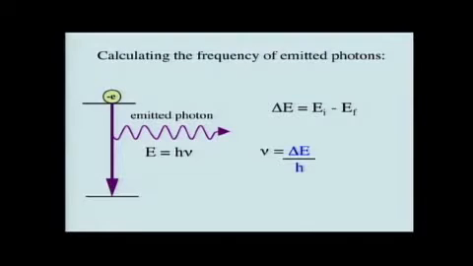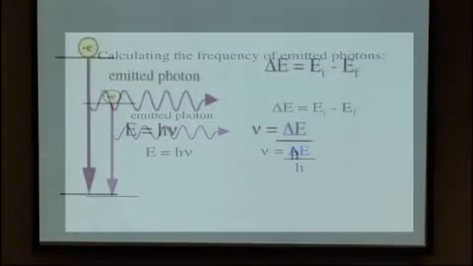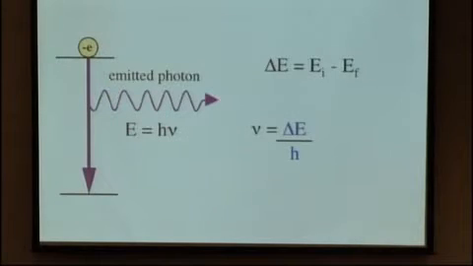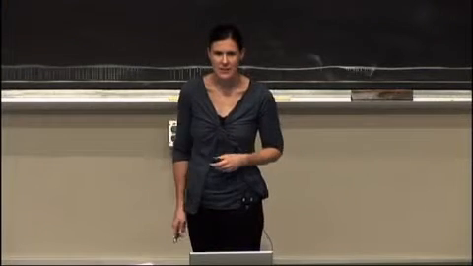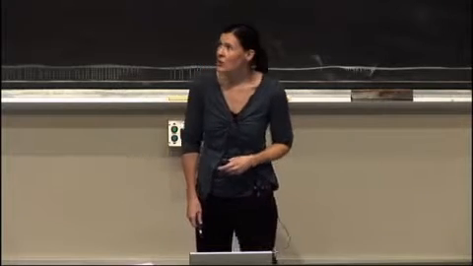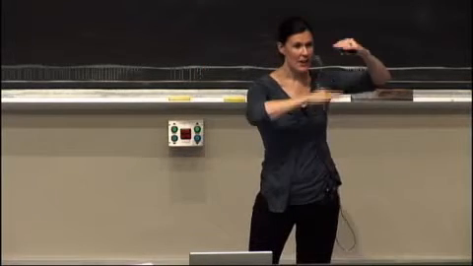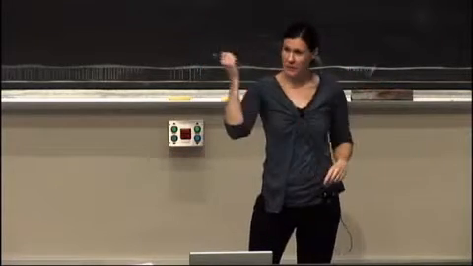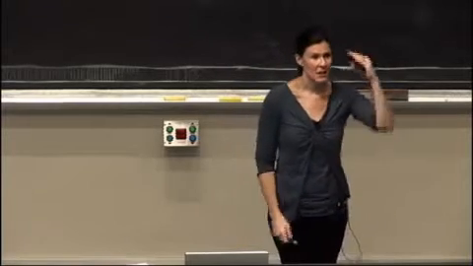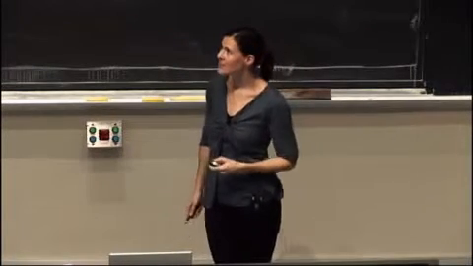And since here we're talking about a delta energy, the frequency is equal to delta energy over h. Or we can say the frequency is equal to the energy initial minus the energy final all over Planck's constant. So this means that we can go directly from the energy between two levels to the frequency of the photon that's emitted when you go between those levels.